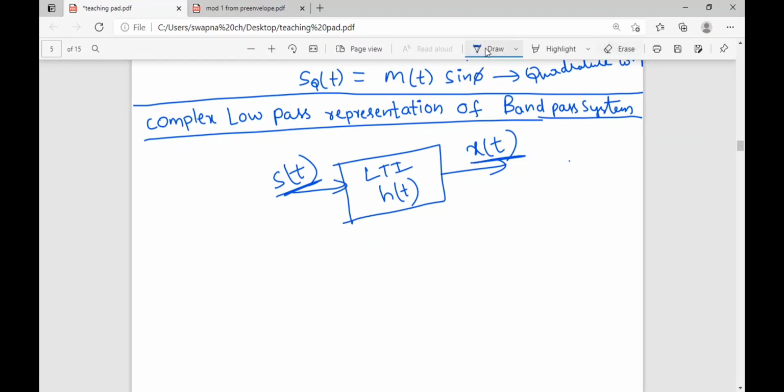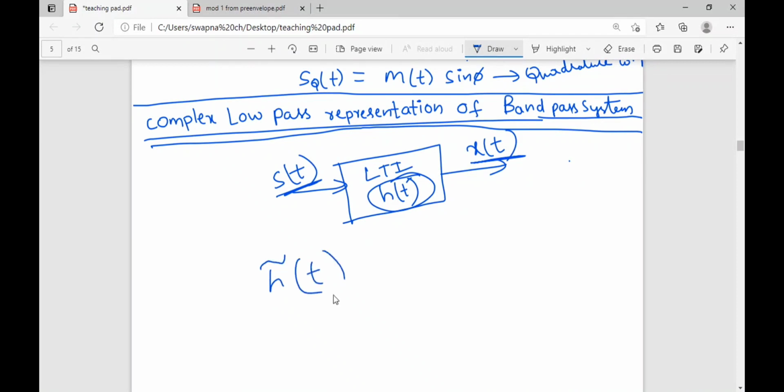Here the heading says that you need to represent this h of t in complex form, and that complex signal should be the low pass signal. So I need to get h tilde of t here.